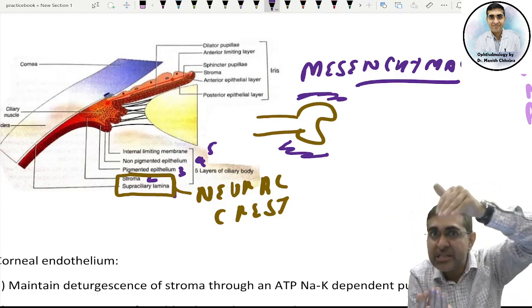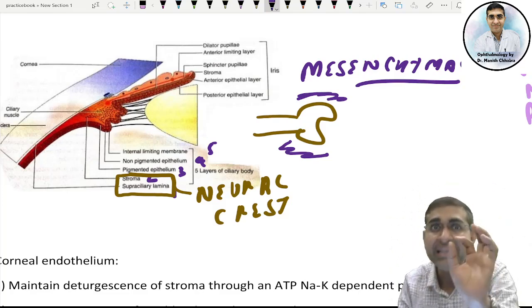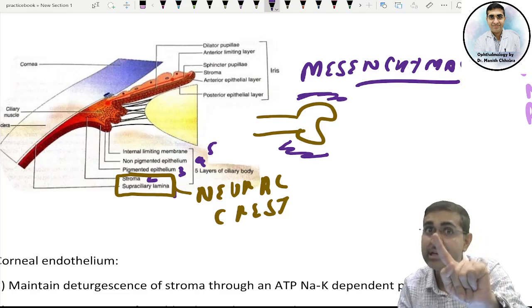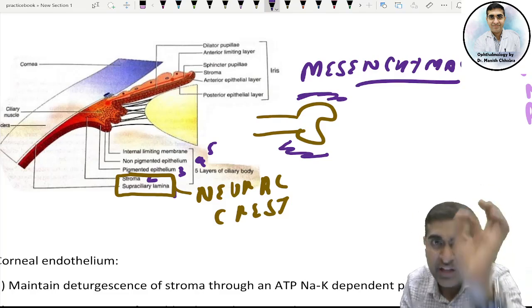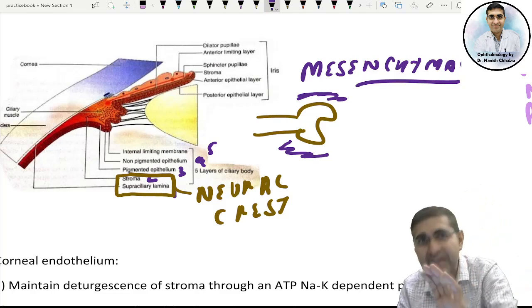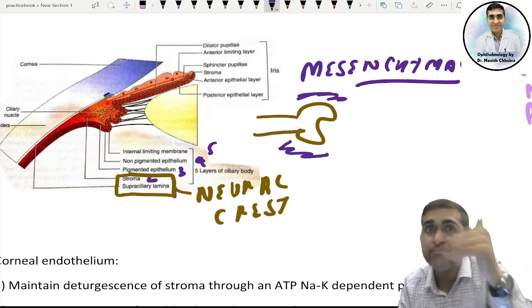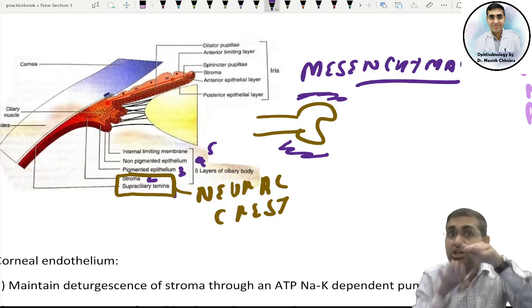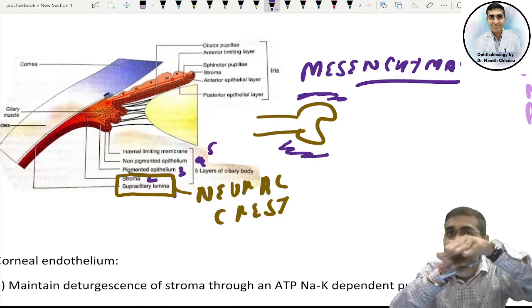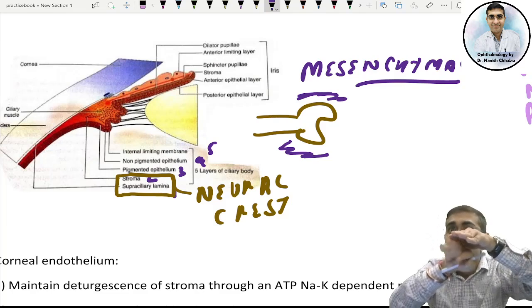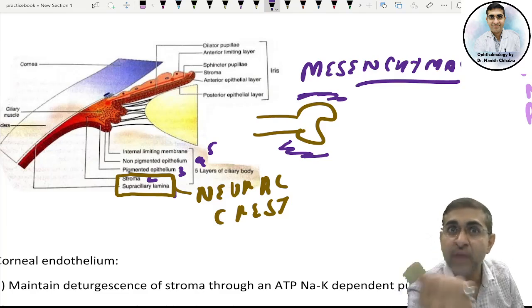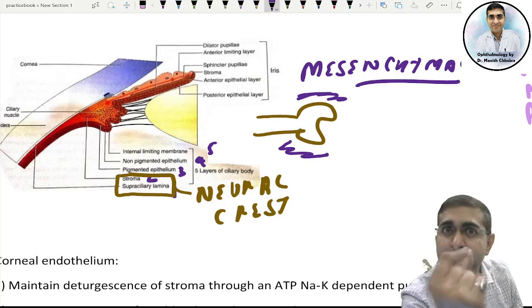Now when this cup is getting closed, the inner limiting layer or inner limiting membrane, which was the 5th layer of the ciliary body, is there till the ciliary body only, and it does not extend beyond it. So that means 2 layers will be extending forward: one is your non-pigmented epithelium, another is pigmented epithelium. But there is one magic happening. What is that magic?